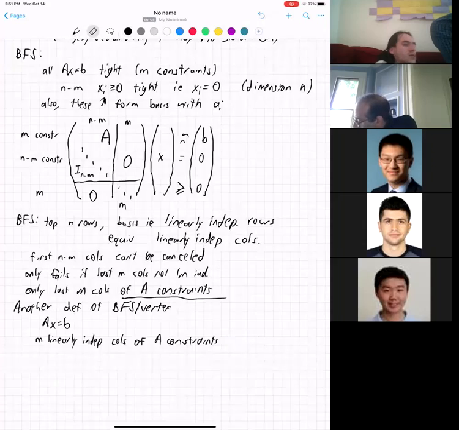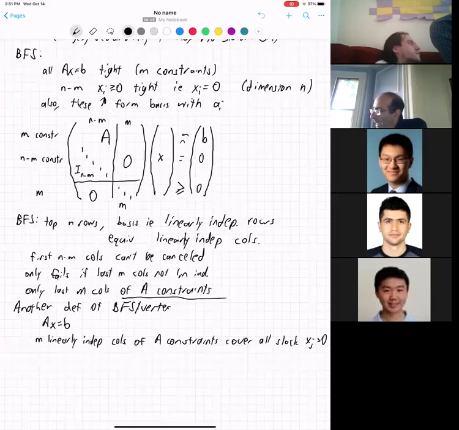So these last m columns cover all the slack xj's. Remember that we said that these xi's at the top, the ones in the upper matrix, they're all tight at x equals 0.